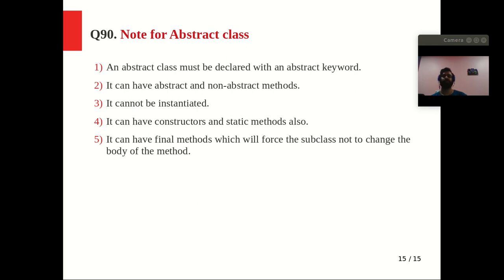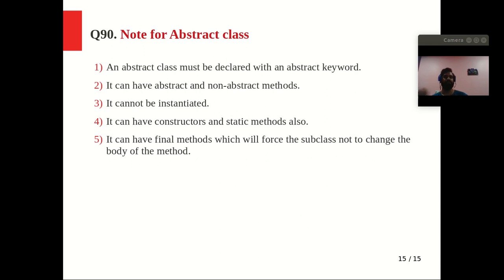Now the next question will come: what is the need for marking a class as abstract if there is no abstract method in it? The reason is that we are stopping the creation of objects of that class. If we want to stop the creation of objects of a class, then we can mark that class as abstract.